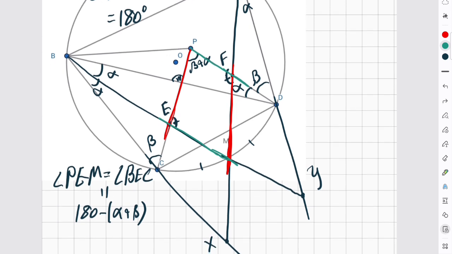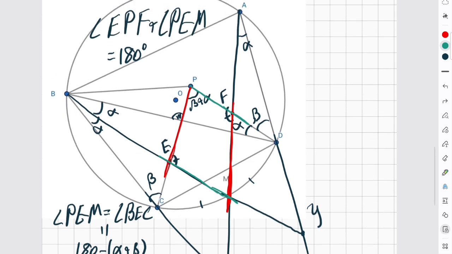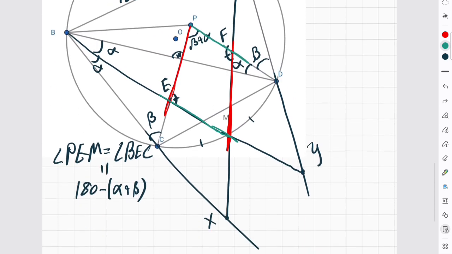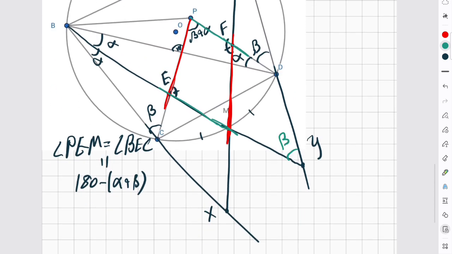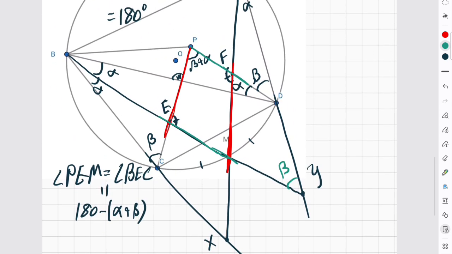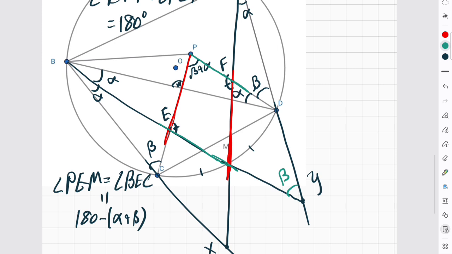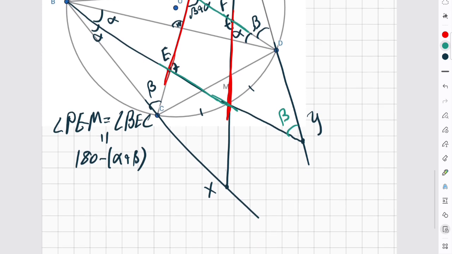As you remember, we get Y by extending BM and AD. That is why we can see that this angle here, BYA, will be equal to beta as well. Also, we can do the same thing and get that angle BXA is equal to BCP, and it is also beta.